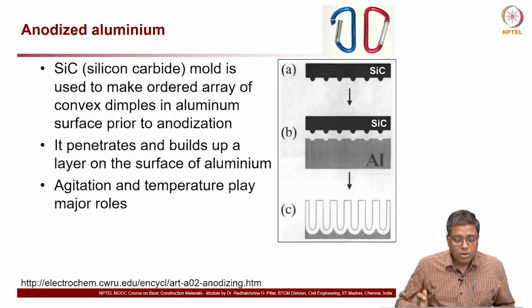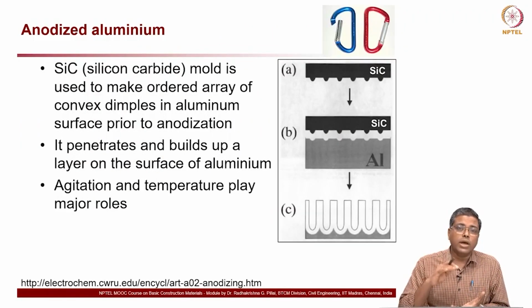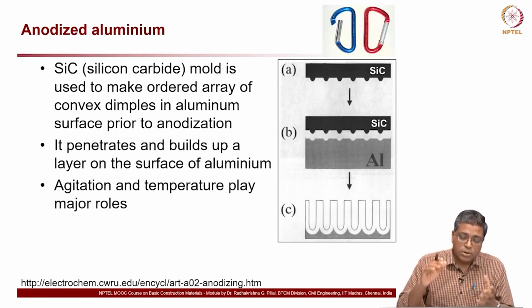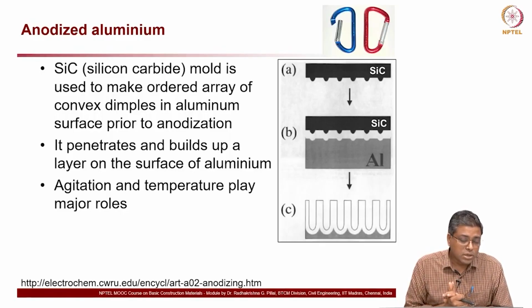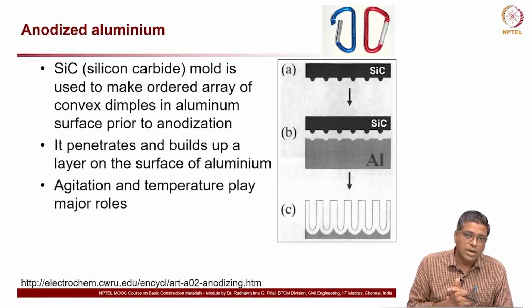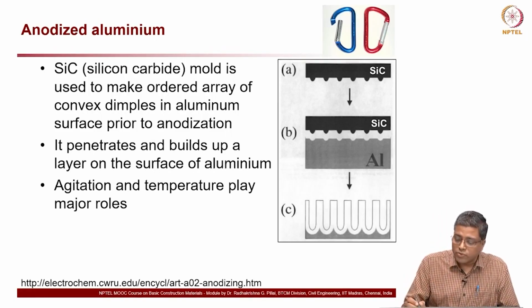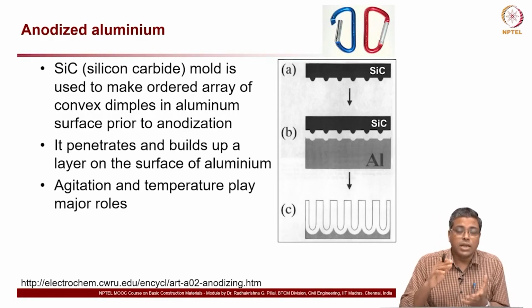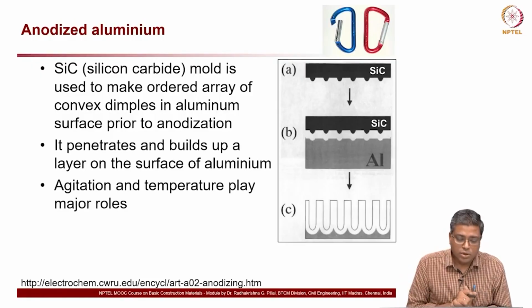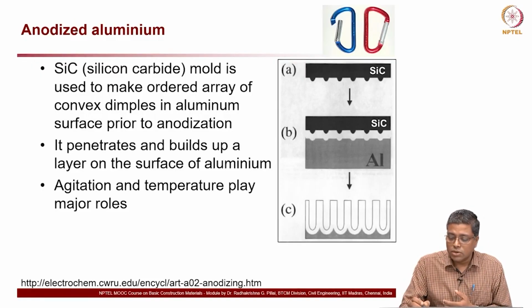Now, how is the anodized aluminum made or enhanced, so that it is ensured there is good resistance in terms of hardness, and also we need some kind of pockets for the dyes to occupy the space so that it gives color to it. So the process is, first you take a silicon carbide mold. The reason is it has these protrusions on it.